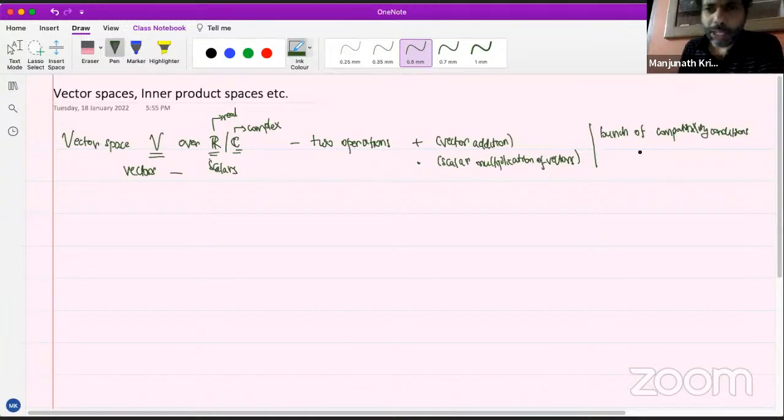Compatibility conditions: all sorts of things, associativity of addition, commutativity of addition, distributivity of scalar multiplication over addition. I'm not even going to write them; you will have seen them in books. So let's leave that. That is what a vector space is. A vector space is a mathematical structure, like many other structures.